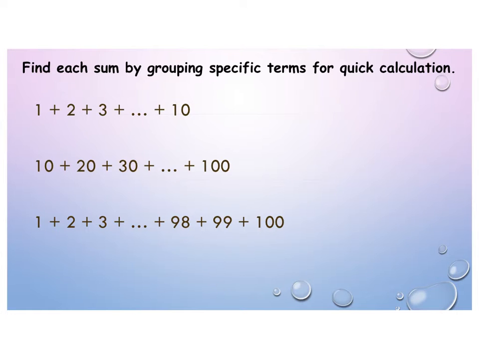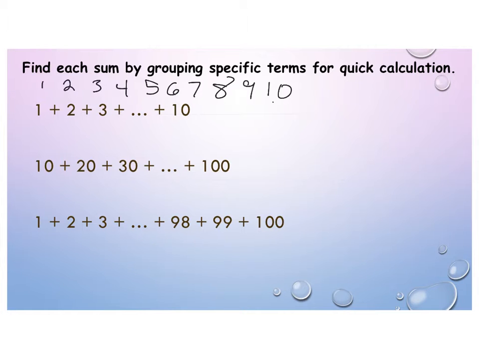All right, so what we tend to do when we're adding these up is we'll look for things like, if this was 1, 2, 3, 4, 5, 6, 7, 8, 9, and 10.